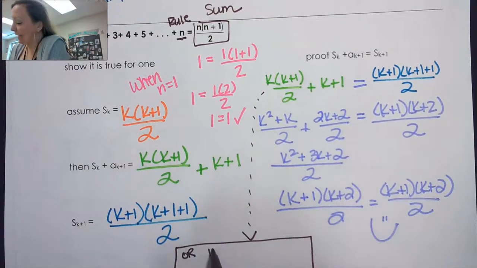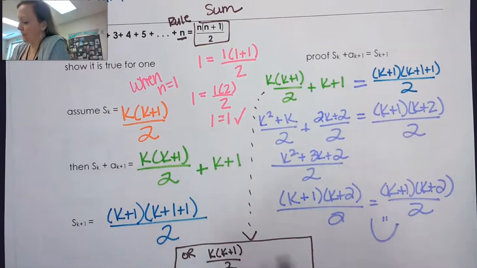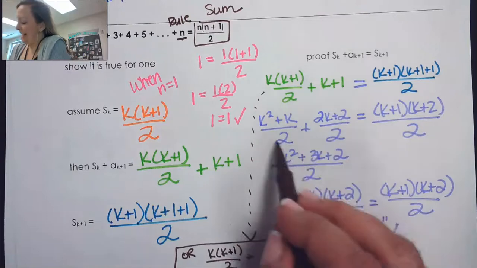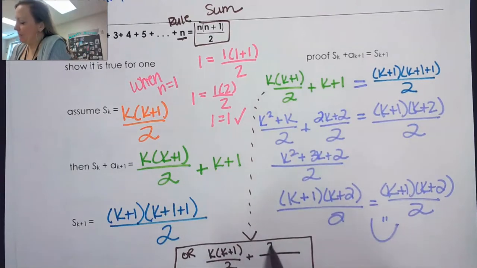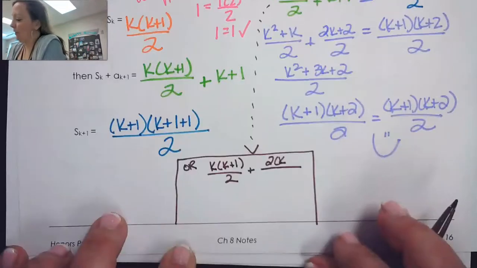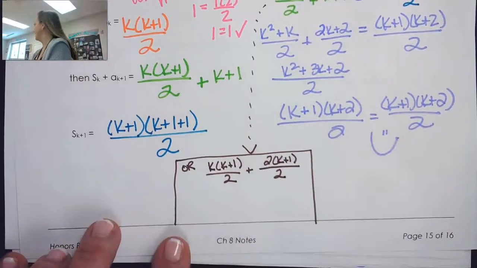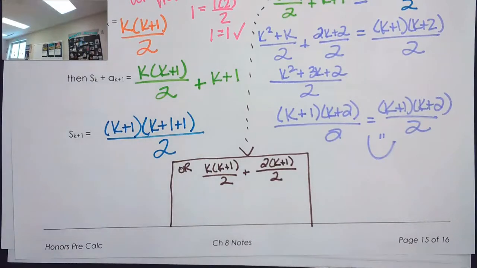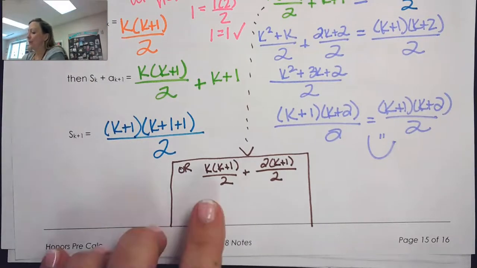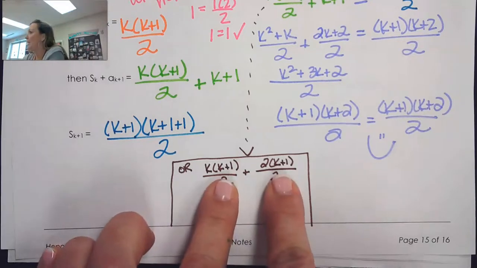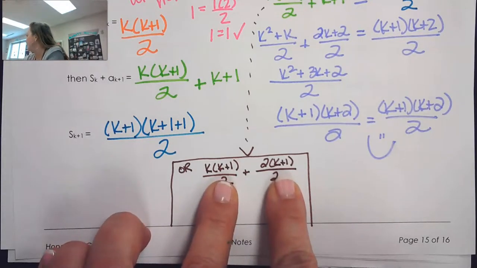You could have left this as k times k plus 1 over 2. And then instead, didn't we multiply the k plus 1 by 2 over 2, and it looks like this? So what we did in purple is we distributed, but what you might notice is that if you don't distribute, isn't k plus 1 a common factor?